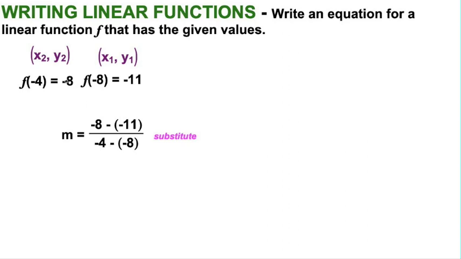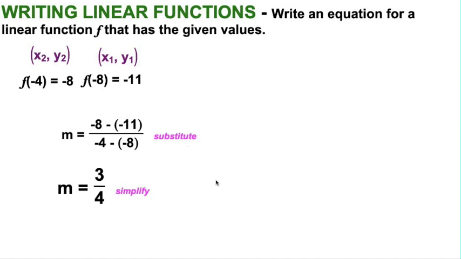So I'm going to take the -8, subtract the -11, over the -4, minus the -8. Watch your integer arithmetic. Subtracting a negative, -8 minus -11 is -8 plus 11. So let's simplify that. That's going to be 3, and -4 minus a -8 is +4.